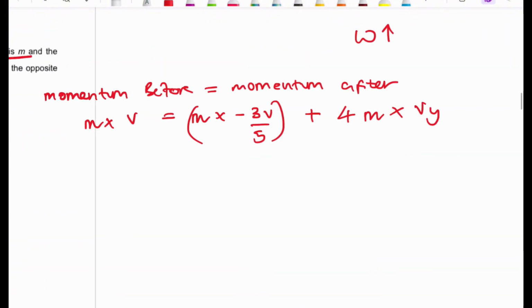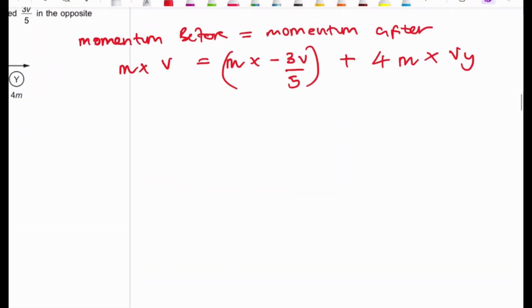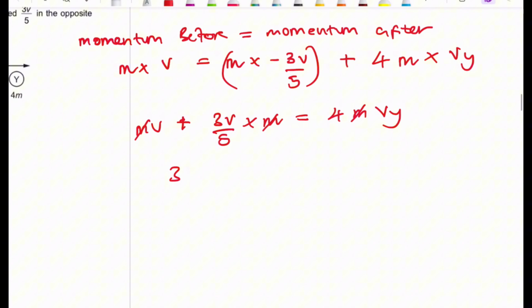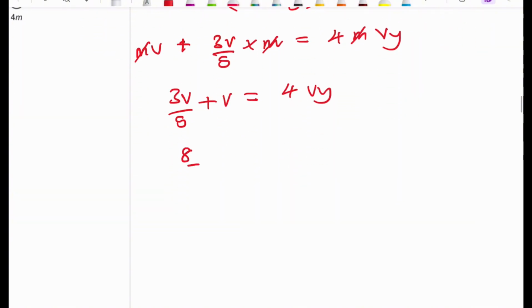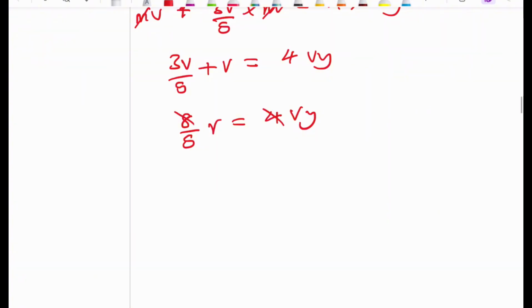So going to the other side, mv plus 3v over 5 multiplied by m is equal to 4m vy. We cancel out all the masses, and we're left with 3v over 5 plus v is equivalent to 4vy. That gives 8 over 5 v is equivalent to 4vy. If we cancel on both sides, we're left with 2 over 5 v, which is equivalent to vy.